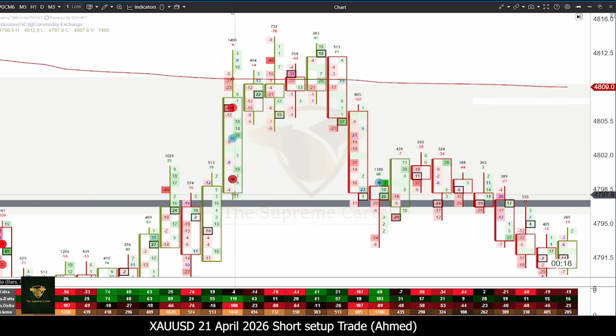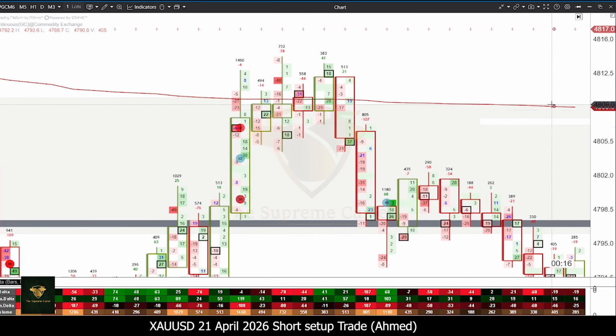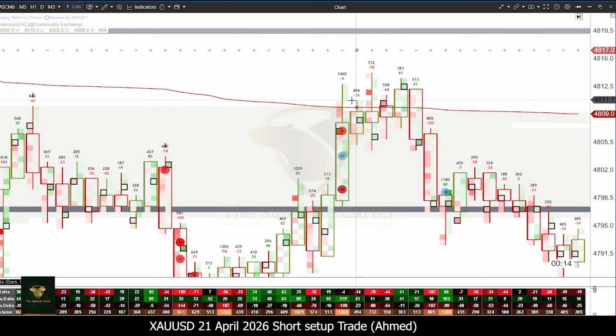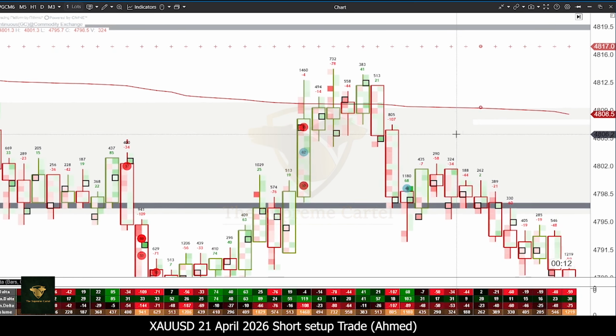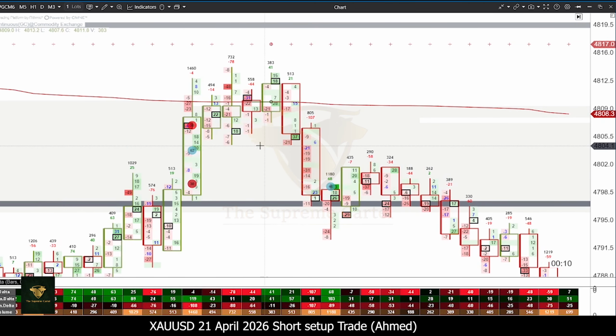Price was bullish, moving towards a very important level, which was the VWAP. Now, if you can see the VWAP, the buyers were getting rejected at this VWAP, this specific level. Buyers were there. It tried to break, but it did not break. It wicked at this specific point. Again, if you see the buyers, it went and it wicked.